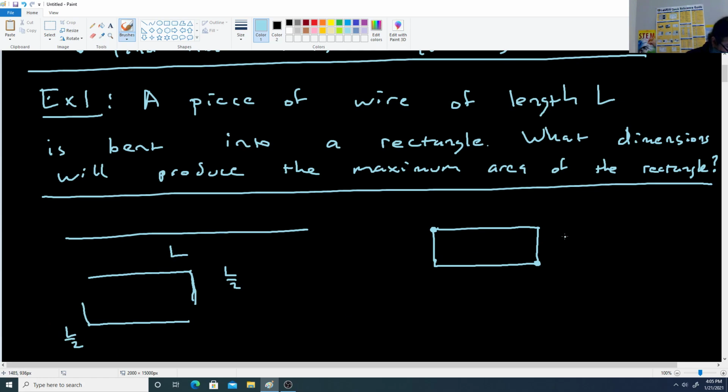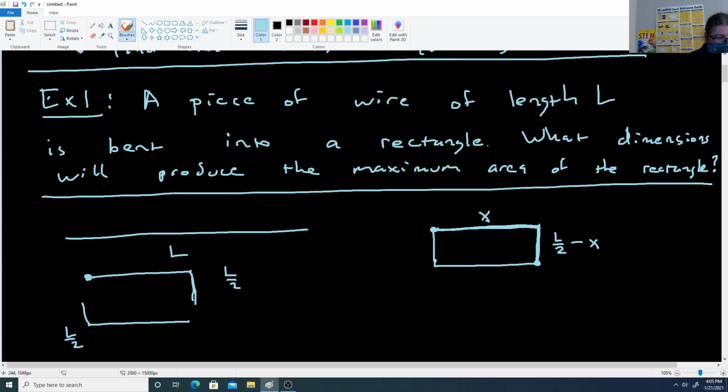So if we call the length of one of these parts here x, well, then from here down to here, that's a length L over 2. So if I take the length L over 2 and subtract this part here that's x, this little height will be L over 2 minus x.